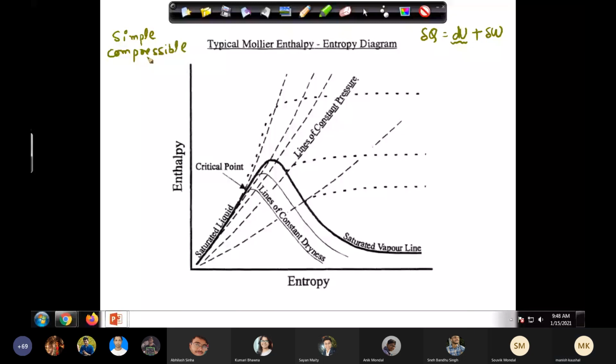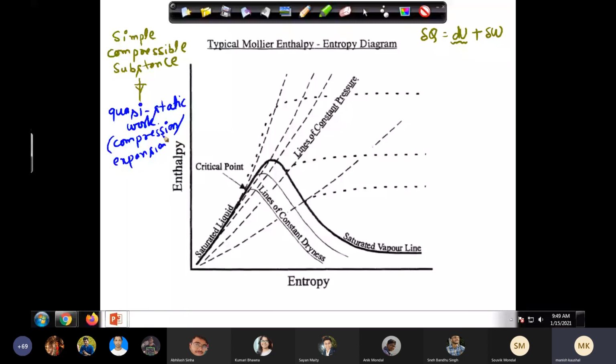It means the only mode of quasi-static work is compression or expansion of a fluid. So that is called a simple compressible substance.